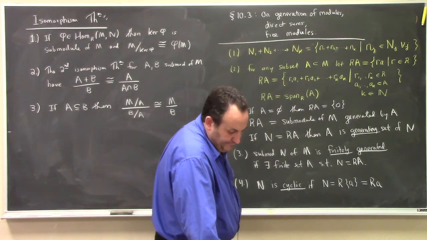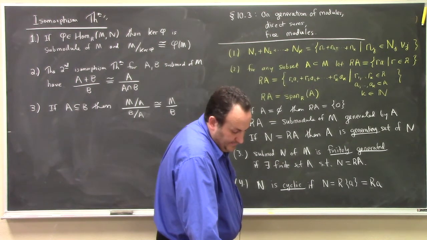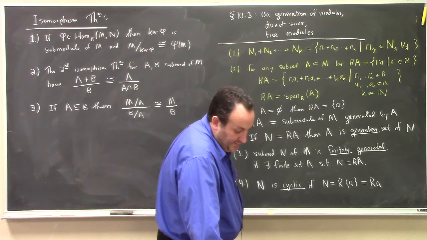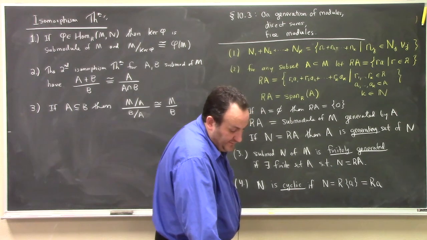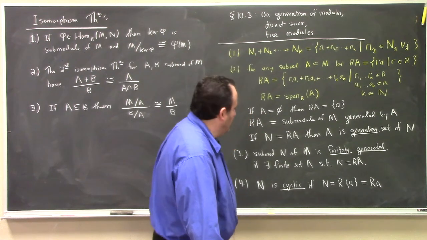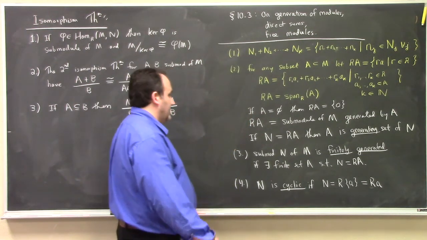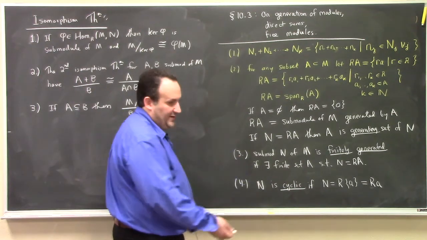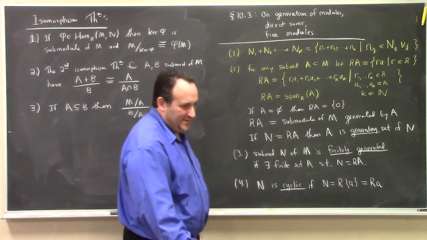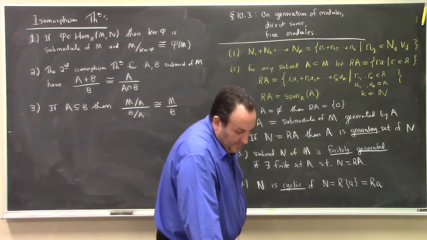All right. And he says a submodule N of an R module M may have many different generating sets. For instance, you could always use the totality of N as a generating set for N, right? Like the span of a subspace is a subspace again, it's still true here.